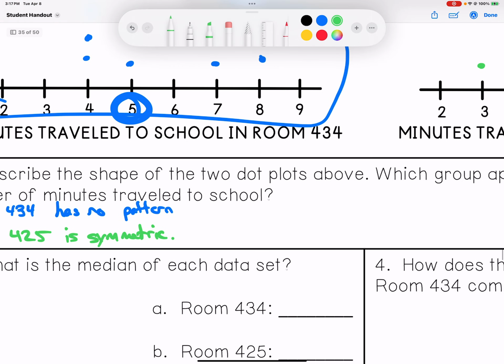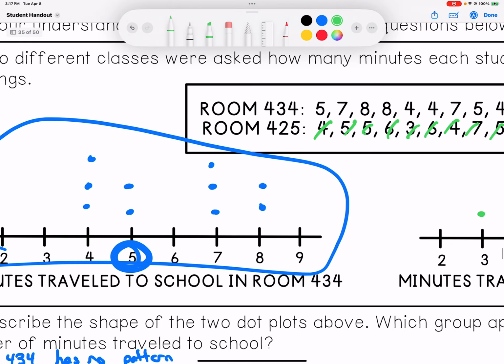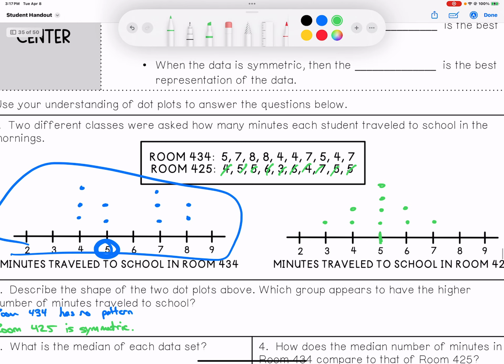The next part of that question is, which group appears to have the higher number of minutes traveled to school? So all we have to do is look at our graph here. Since this is symmetric, we have all these people who go less than 5 minutes, and these people who go more than 5 minutes. Over here, look at all these people that go more than 5 minutes. There's a bunch of them.